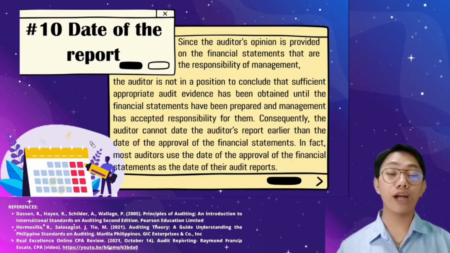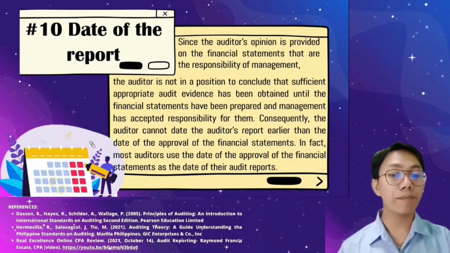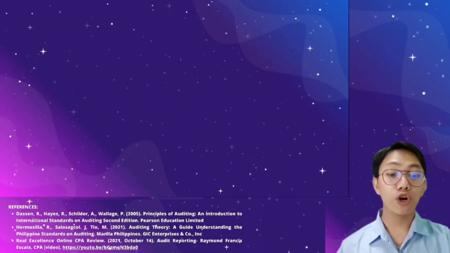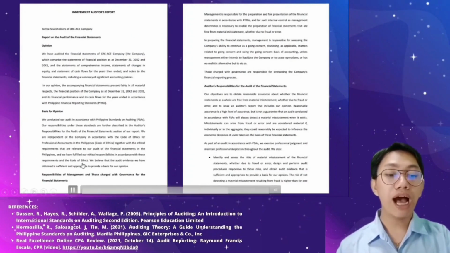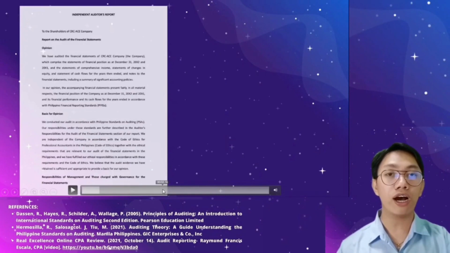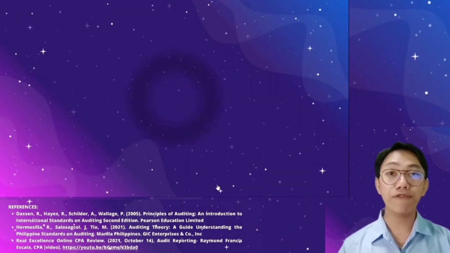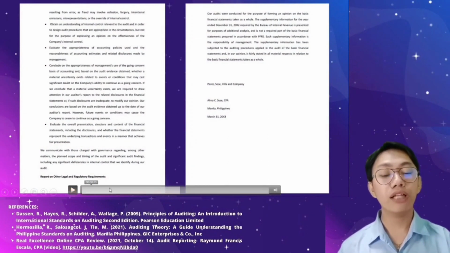So guys, for number 8, 9, and 10, please refer to the sample na provide ko. So, Perez Zese Villa and Company, ito yung name ng firm. Alma C. Zese CPA, which is the name of the engagement partner. Then the Manila, Philippines, which is the address of the auditing firm.